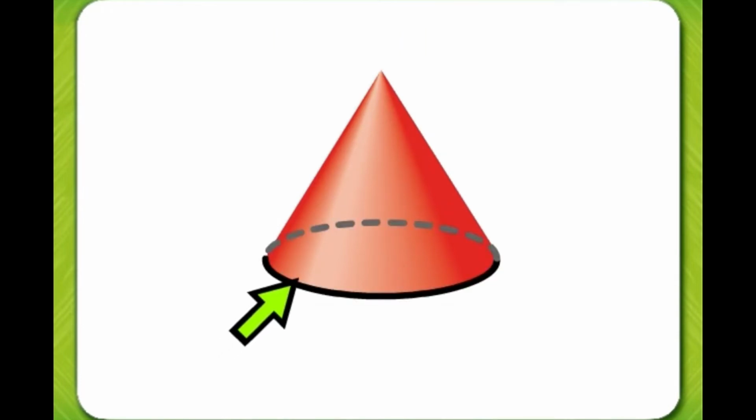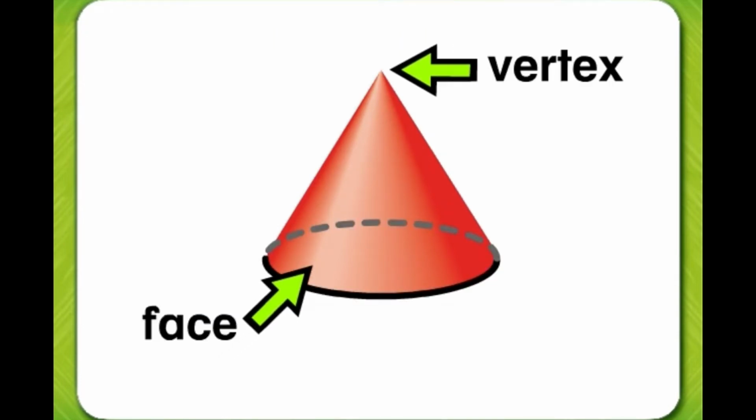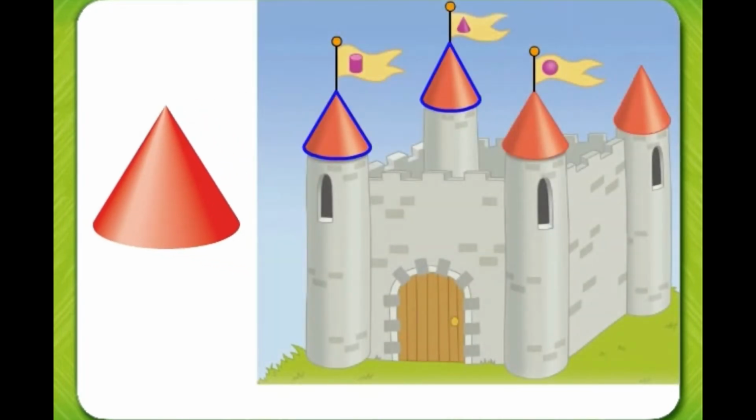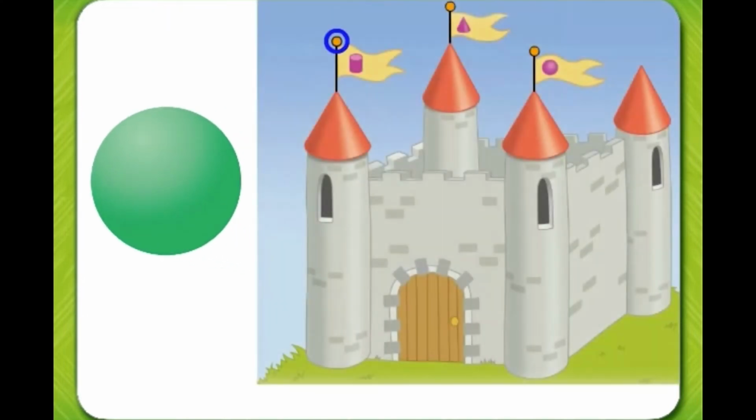A cone has 1 face, 1 vertex, and no edges. The tops of these castle towers are shaped like cones. This is a sphere. A sphere does not have any faces, vertices, or edges. The tops of these flagpoles are shaped like spheres.